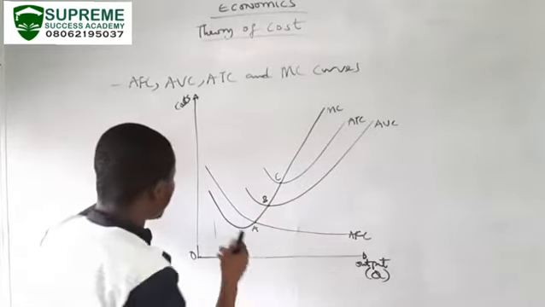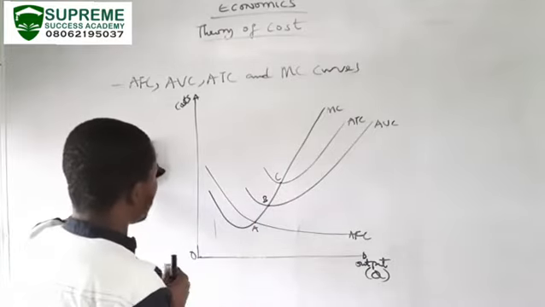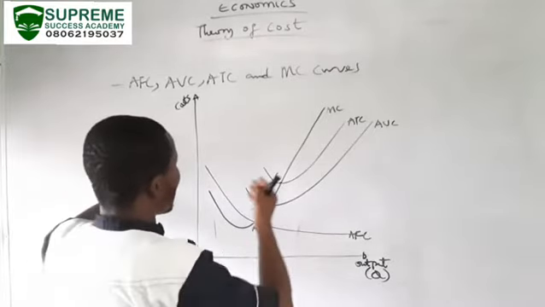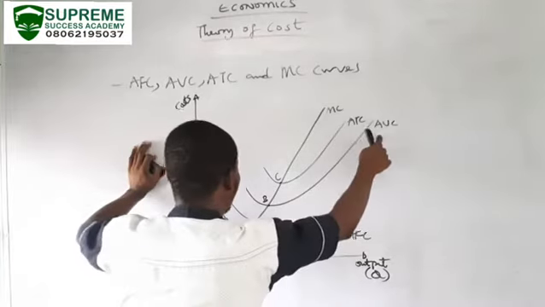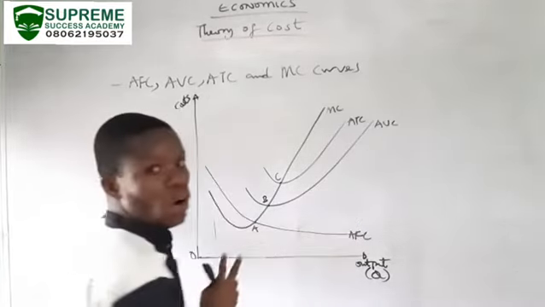Another thing I want you to understand in this diagram is that average total cost is equal to average variable cost plus average fixed cost. Remember that.